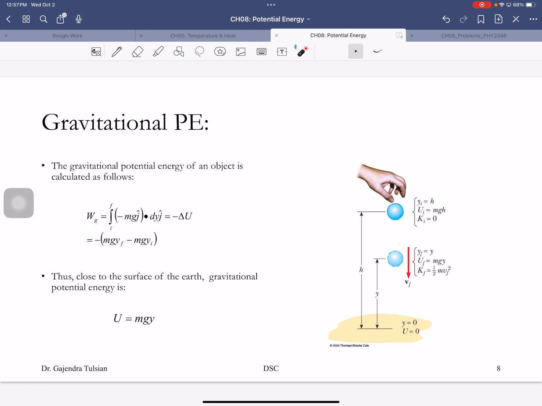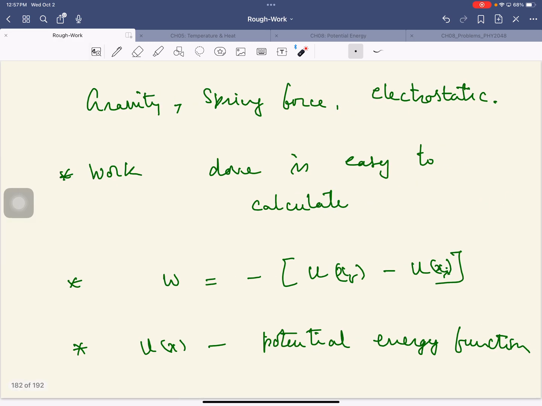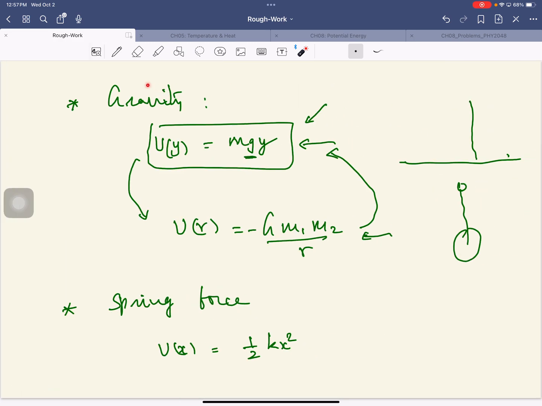Now what we're going to do is the following. I told you that the gravitational potential energy is mgy. I'm going to derive that now. When g is constant, the gravitational potential energy is mgy, and we're going to show that to you now.